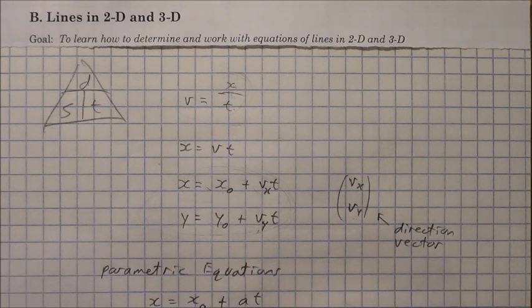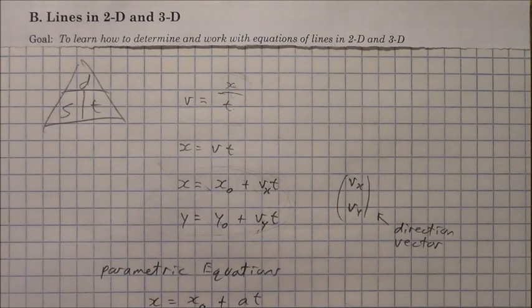So x, y is the position vector of any general point on the line, and that's the point that we can find by substituting in values of t. The x naught, y naught is the position vector of a specific point.